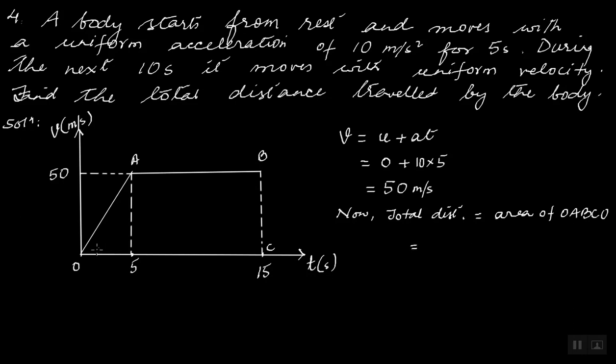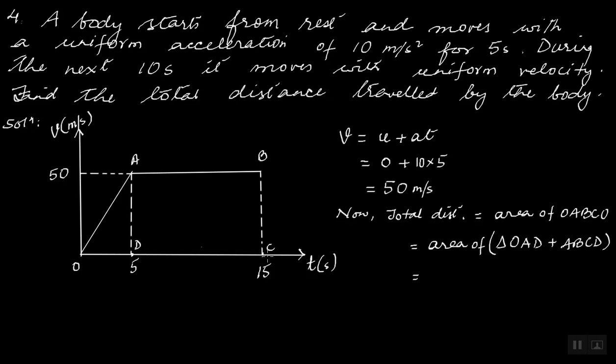And this quadrilateral is made up of this triangle and this rectangle. So that will be the area of triangle, let's call this point D, of OAD, plus the rectangle ABCD.